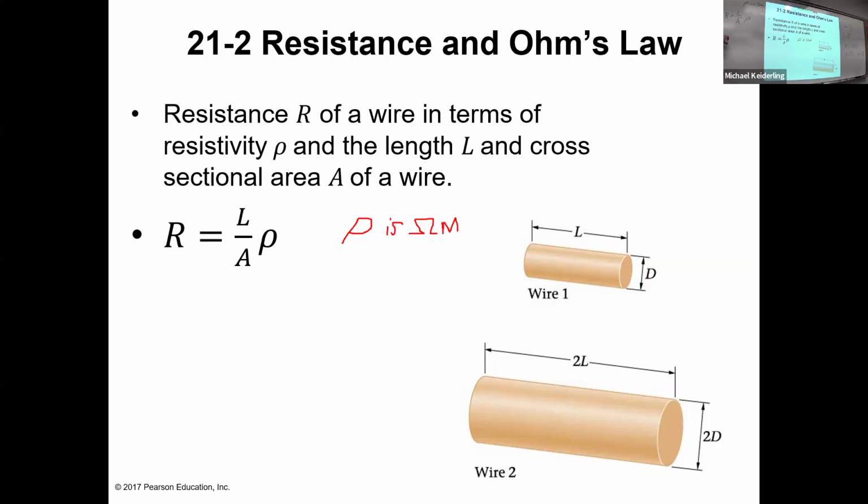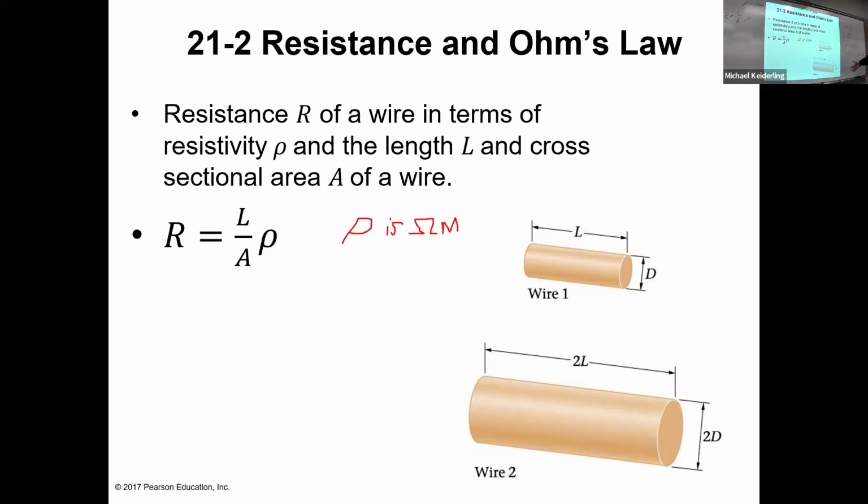So the general idea is that if you increase the length of a wire, the resistance goes up. It's got to go through more wire. That makes sense? But if you increase the cross-sectional area of a wire, it's like making a pipe wider. And so the resistance goes down because there's more ways the electricity can travel.